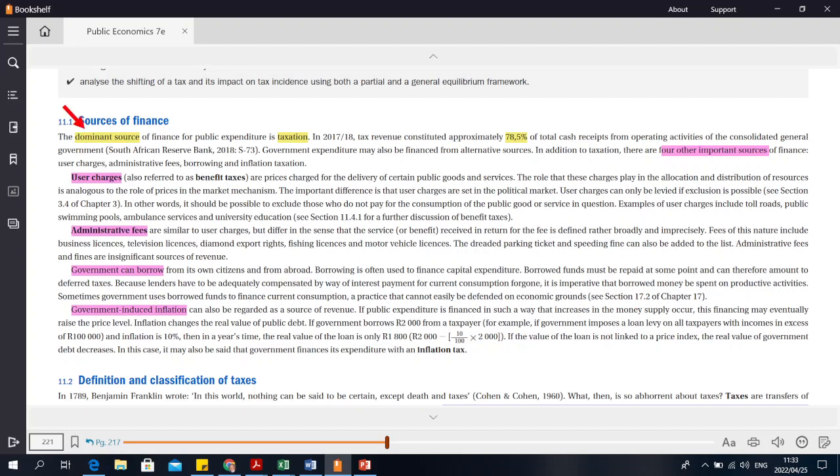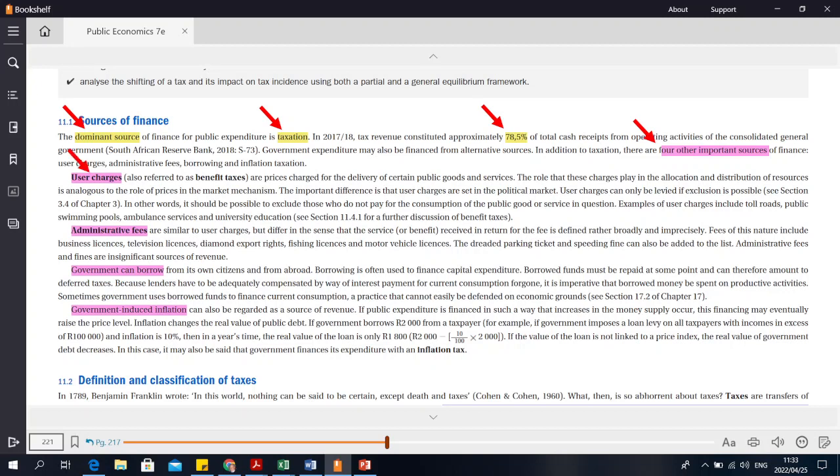The dominant source of finance for the government is obviously taxation, and they get close to 80% of their funds from taxes. But they also have 4 other important sources which you must be able to list, and you must be able to define this. So these expressions are those ones that I can ask in the test or exam, and you have to tell me what is a user charge.